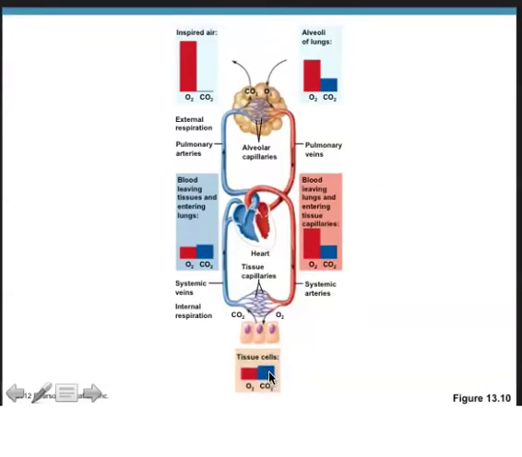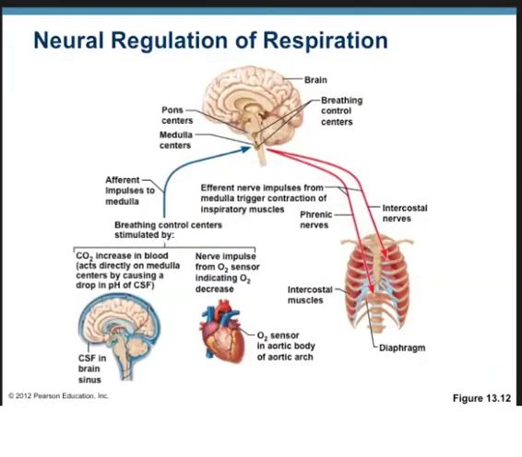Notice that in the tissues we have a high concentration of carbon dioxide because that's an end product of metabolism, and a low concentration of oxygen because oxygen is constantly being consumed in metabolism as a method to produce ATP that the cells need in order to grow and repair and divide. And then of course the oxygen poor blood returns to the heart and the entire cycle repeats itself.